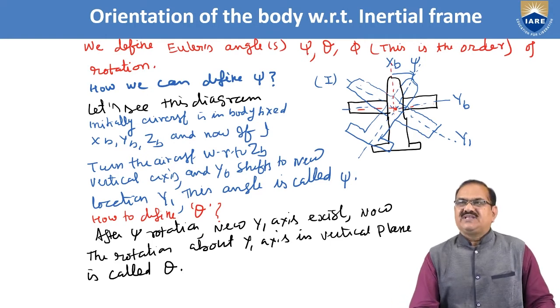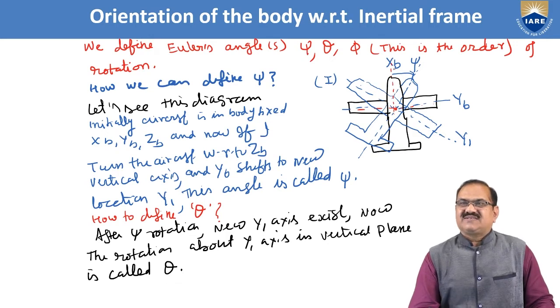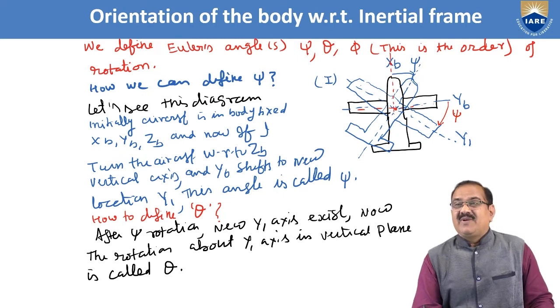Let us see here. I have shown two colors. The black color is the first condition, with XB and here is the YB of the wing. If this YB is turned this much and it has come to a new position Y1, this angle is psi.